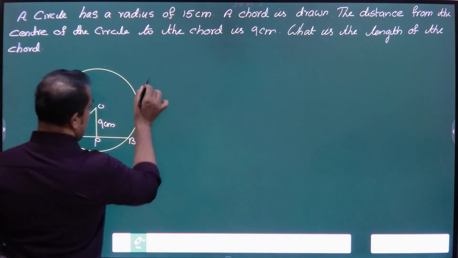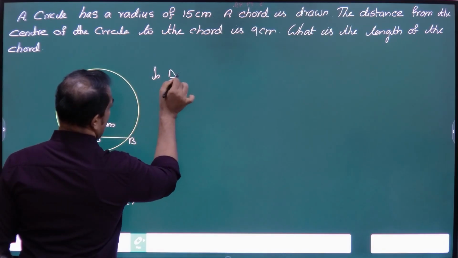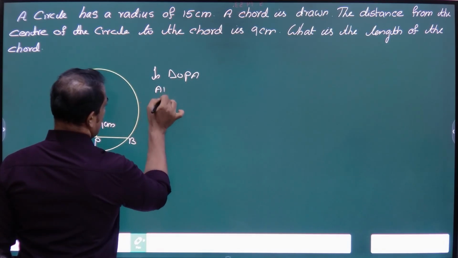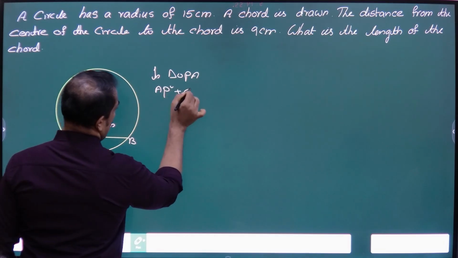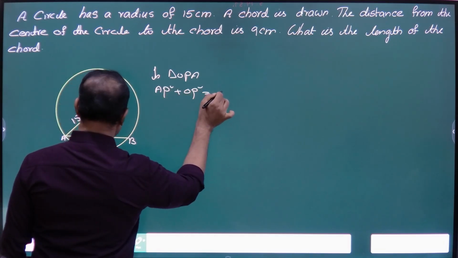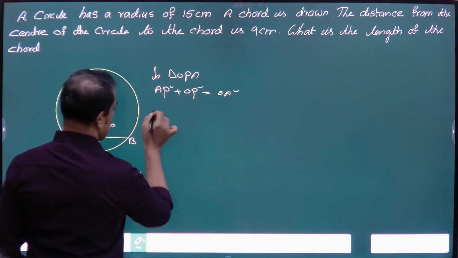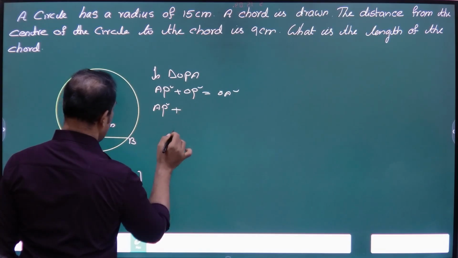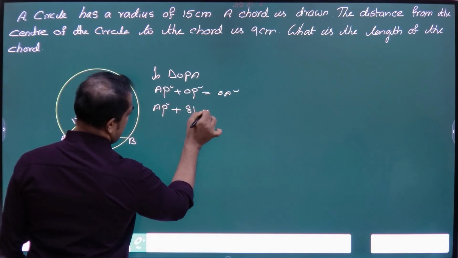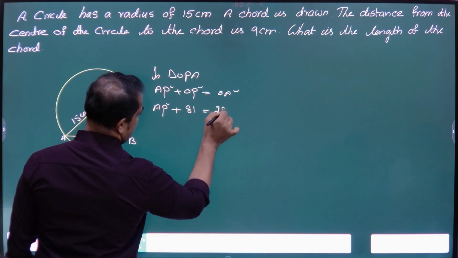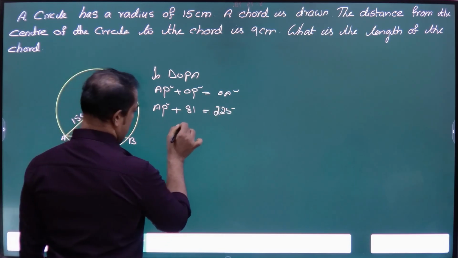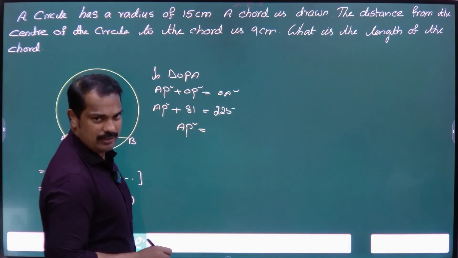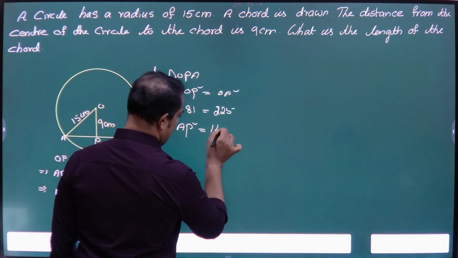Next, in triangle OPA, AP square plus OP square is equal to OA square. AP square plus OP 9 का square 81, 225, 15 का square. AP square is 225 minus 81, 144.